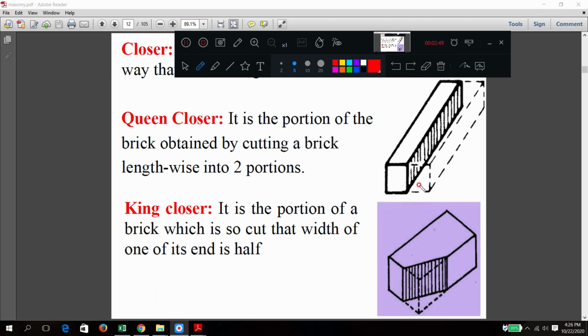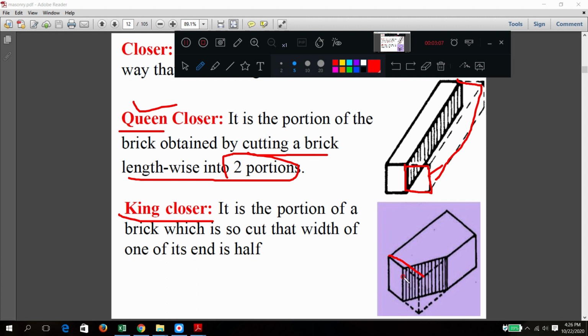In queen closer, half of the width is taken away, exactly cutting a brick lengthwise into two portions. In king closer, this width is there and this is taken away. Similarly, half of the length, the triangular portion, is taken away. So these are called king closer and queen closer.